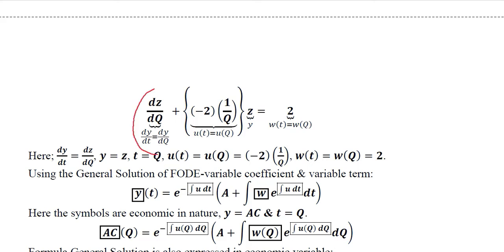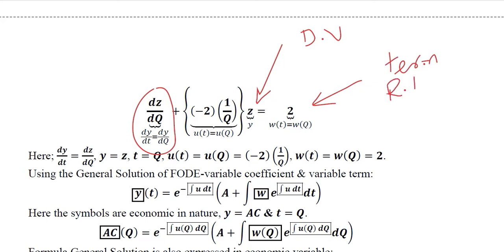This can be treated as the derivative term, this can be treated as the dependent variable, and this can be treated as the term on the right hand side, which is either a constant or a variable. Here it is a constant, that is, it is equal to 2.